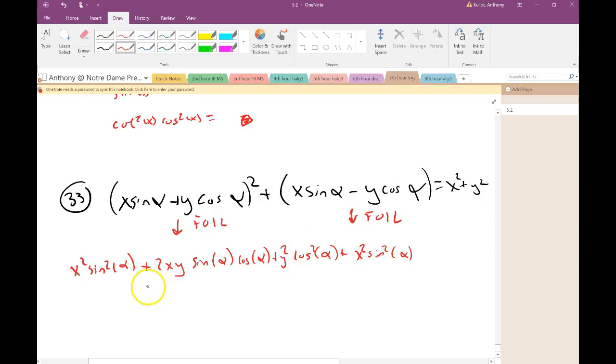And then I'm going to go down to the next line. 2y sine alpha cosine alpha plus y squared cosine squared alpha. So I just ran over into the next line because I had too much going on.